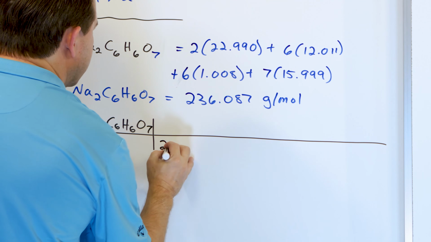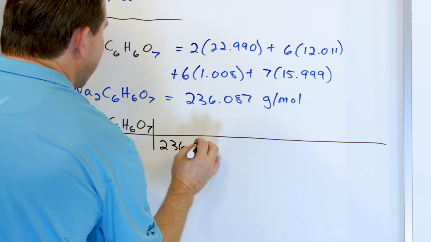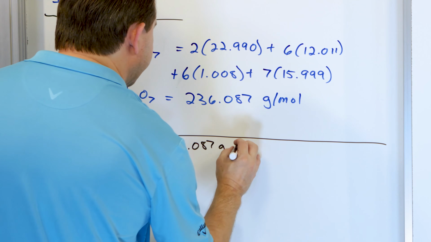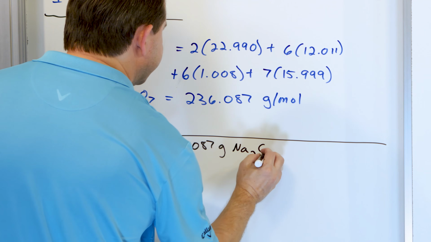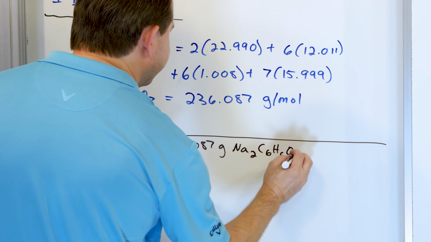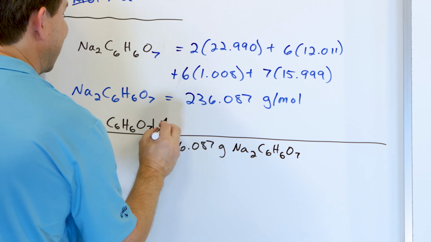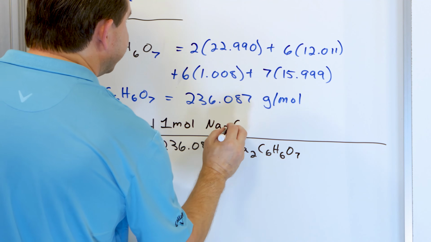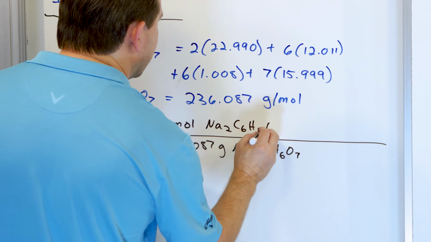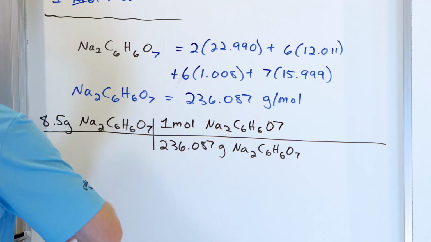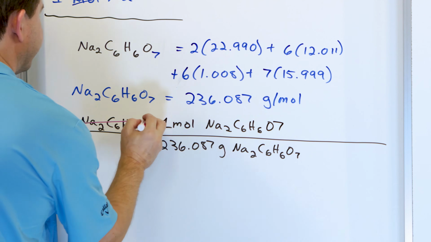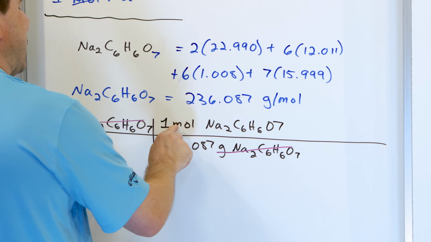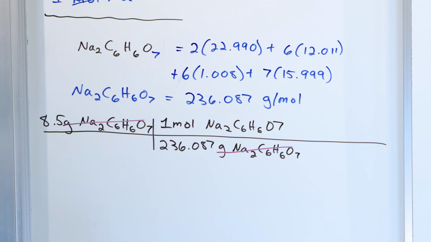So in 236.087 grams of this substance, Na2C6H6O7, there is exactly 1 mole. Mole of what? Na2C6H6O7. We write it on top and bottom like this, so this will cancel with this one. If we stop the calculation now, we would be calculating moles of this substance.